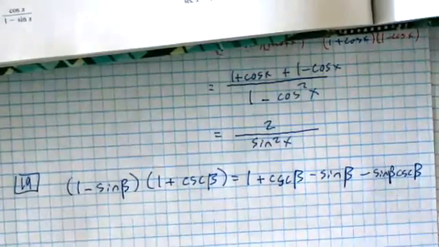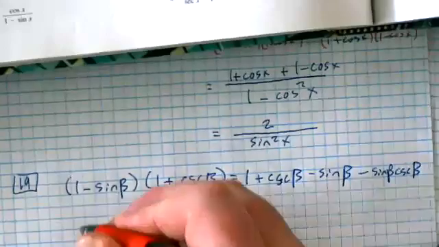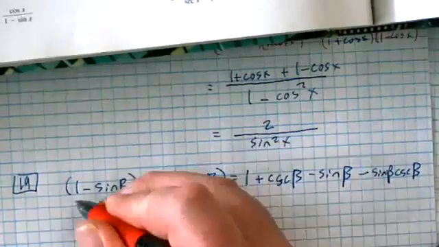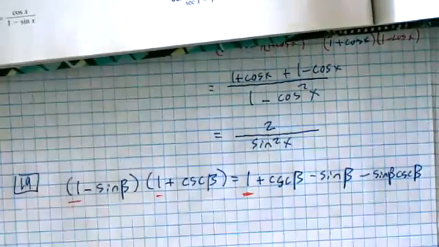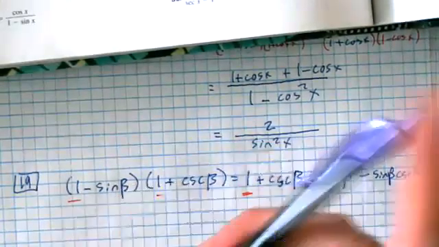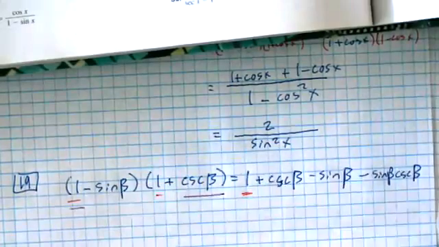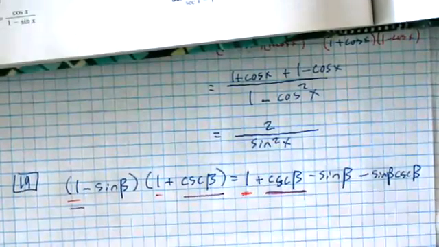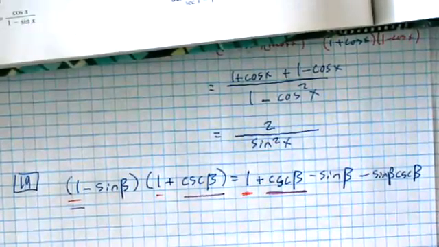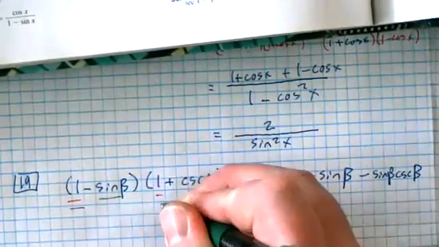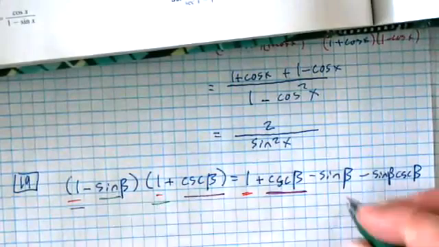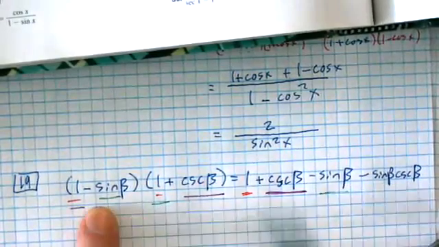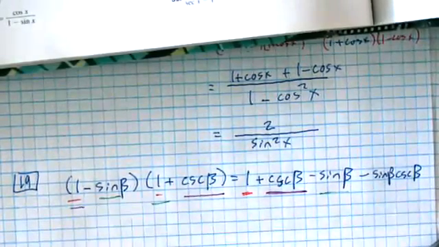Well, we're just doing FOIL. Right? First times first is 1. O stands for outer, so outer times outer, 1 times cosecant beta is 1 cosecant beta. Inner times inner, that's the I in FOIL, would be negative sine beta, and then last times last will give you that. So we're doing FOIL.